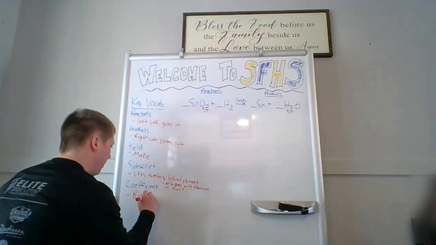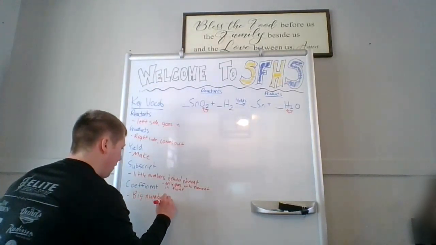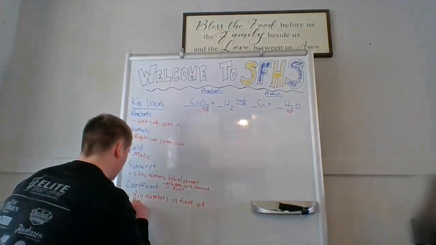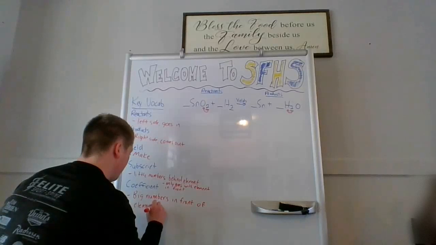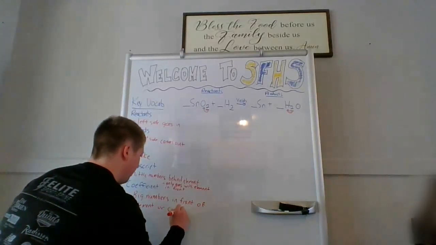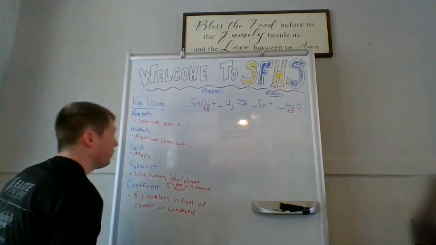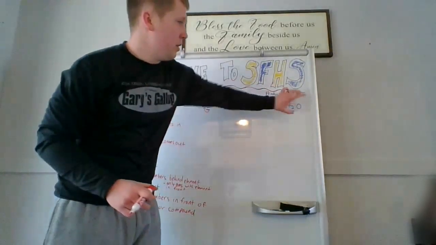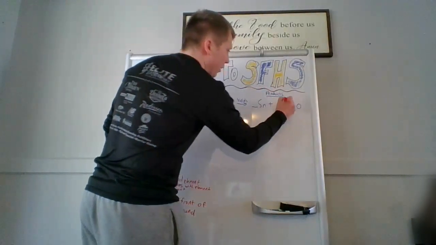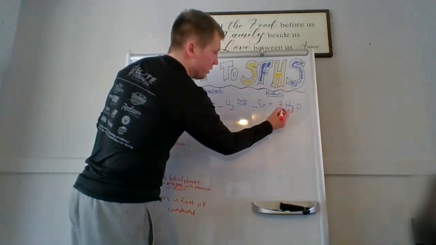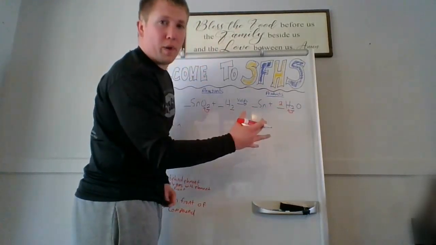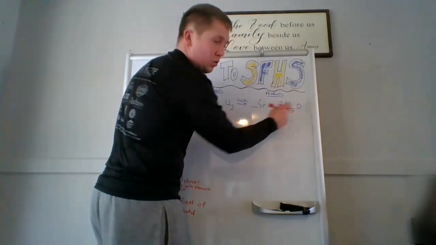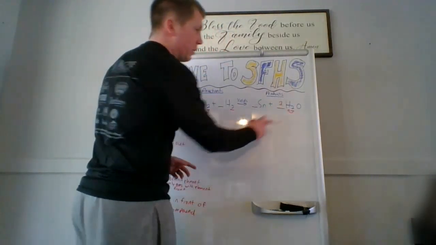So big numbers in front of an element or compound, and they go with the whole thing. So if we put a 2 right here, that means there are 2 H2O molecules. So there's going to be 4 total hydrogen and 2 total oxygen. So that's how coefficients work.